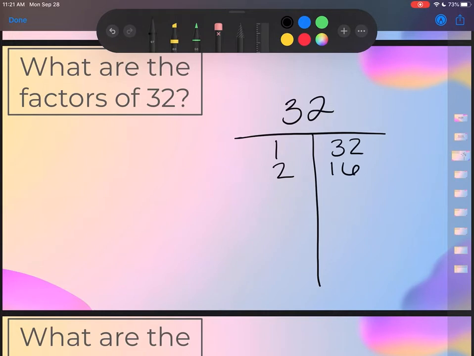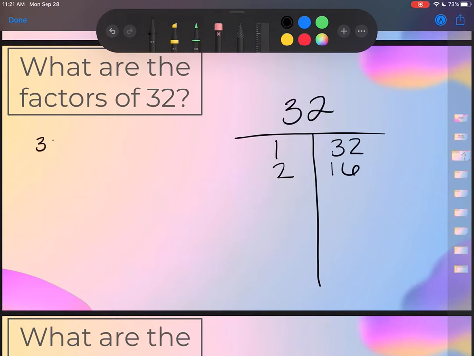Well, let's see. What about 3? Is 3 times something 32? So now this is where I can use my divisibility rules to figure out if 3 times something is 32, right? In order for 3 times something to be 32, 32 divided by 3 has to be a whole number, right? So let's see if 32 can even be divided by 3.